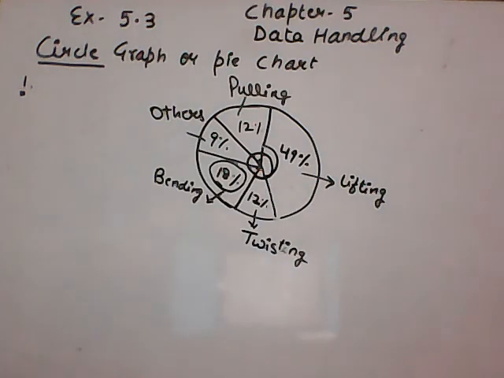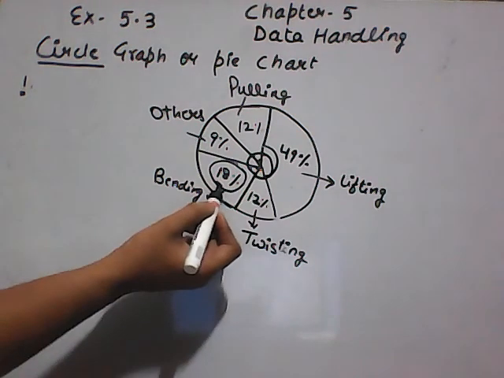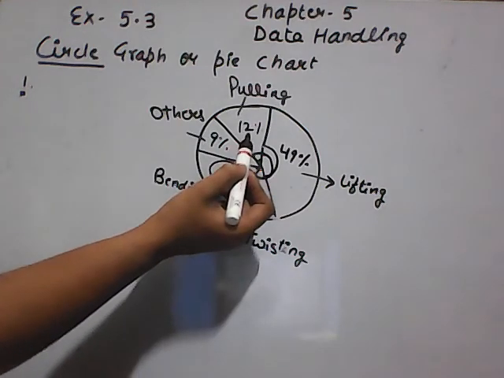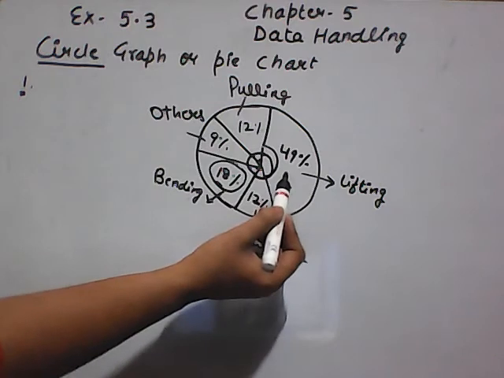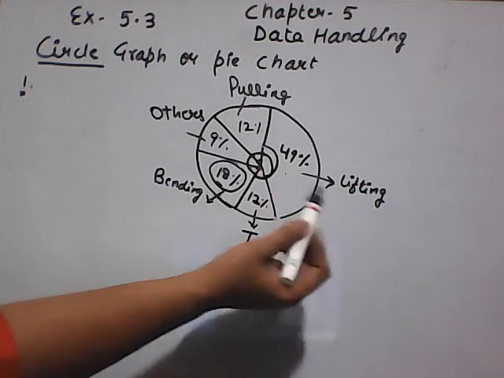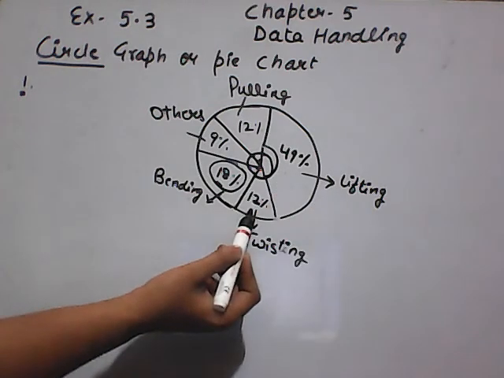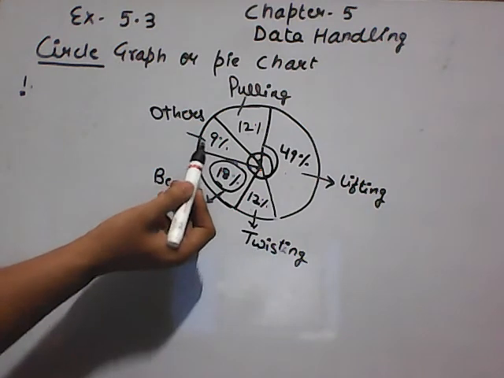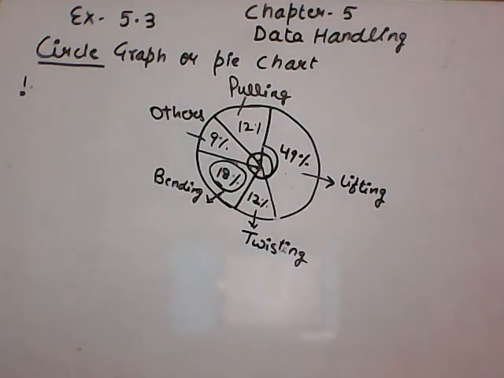Now, out of a total of 100, 18% of people are injured by bending, 12% are injured by pulling, 49% are injured by lifting, 12% are injured by twisting, and 9% are injured by other means. In this way, you can find out the information by using the circle graph or pie chart very easily.